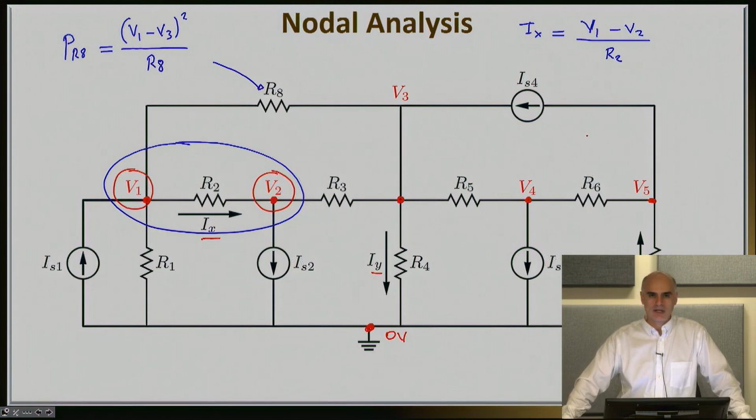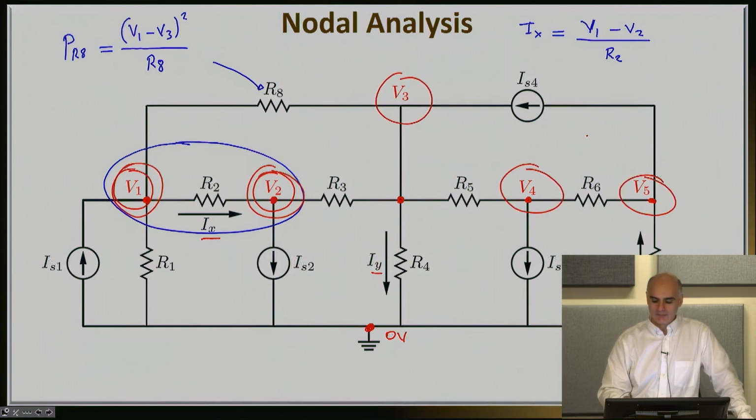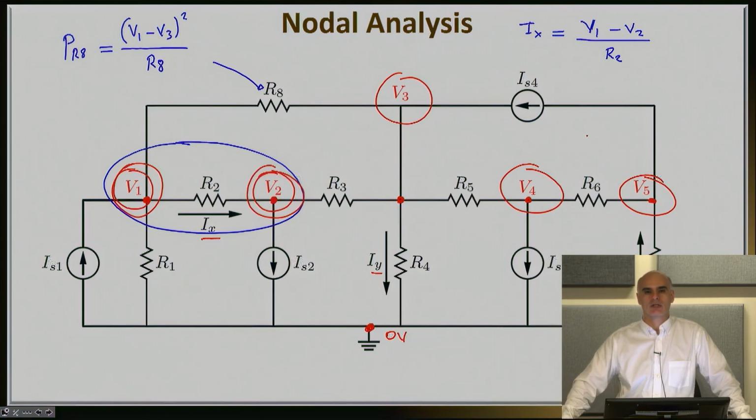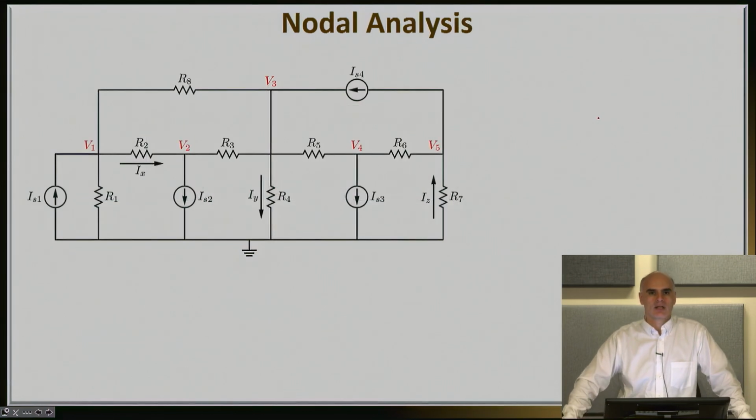Regardless of the question in the problem, regardless of what your true unknown is, and regardless of what you really want to solve, the first thing that you do is calculate the nodal voltages in a circuit, and once you have them, you will apply the right equation to express the unknown quantity with respect to these nodal voltages.